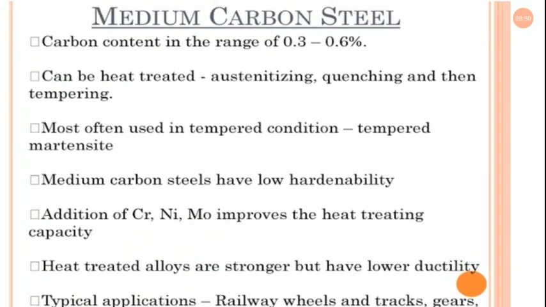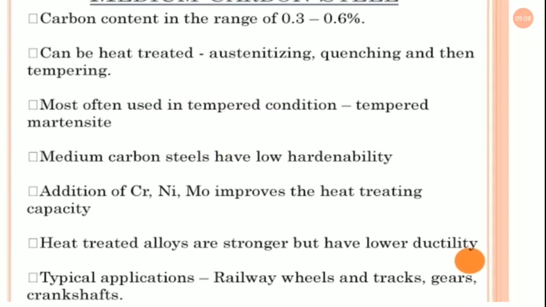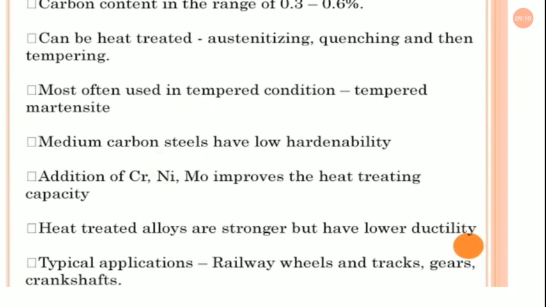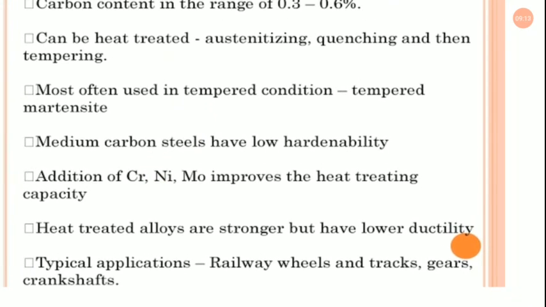In medium carbon steel, the carbon content is in the range of 0.3 to 0.6%. It can be heat treated by austenitizing, quenching and then tempering, and is most often used in the tempered condition, tempered martensite. Medium carbon steels have low hardenability.